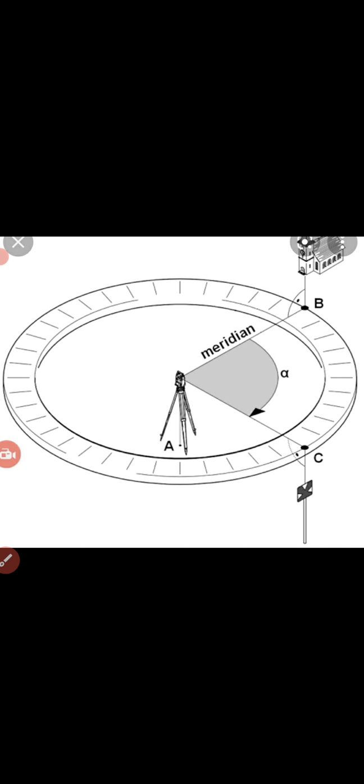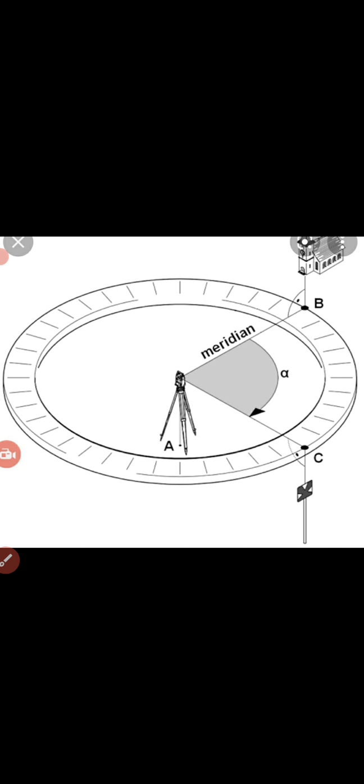So the same reading will be shown here. Again you have to unclamp the upper, turn the telescope and sight to B, clamp the upper. For fine adjustments you can use the upper tangent screw. Note down the reading.